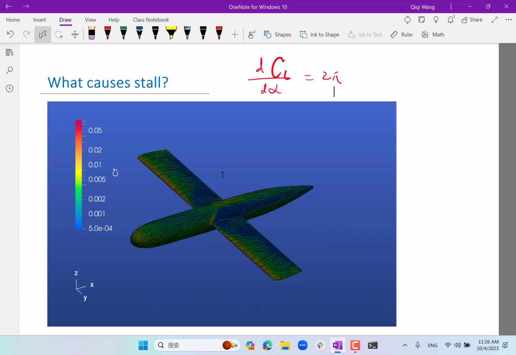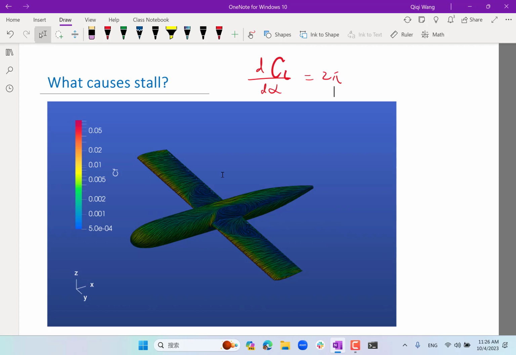What you see is that the speed is still pretty normal on the outboard, but inboard the flow goes in strange directions, and that basically indicates that this part of the wing is already stalled.